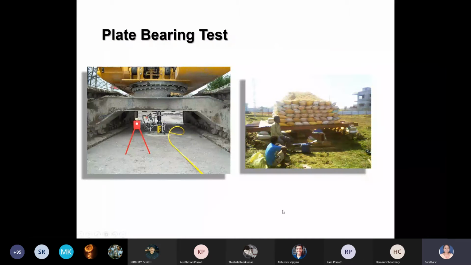Then another test which you can do in the field is the plate bearing test. This plate bearing test can be conducted in the field itself, at the site wherever you are laying either your road or a building also.